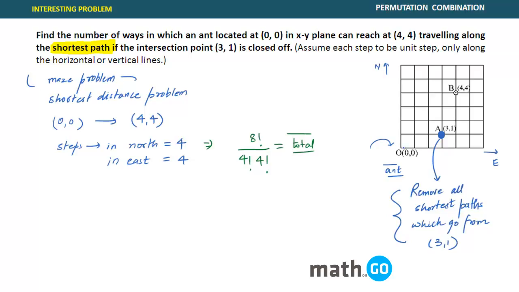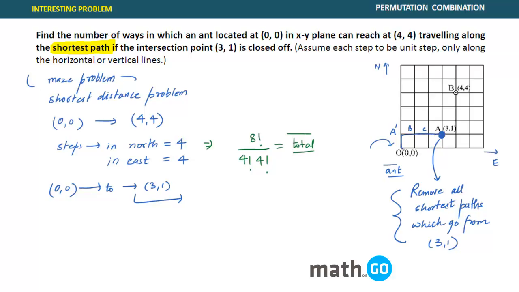Let's start calculating in a reverse way. If you want to go from (0, 0) to (3, 1), in how many ways can you go? Let's say I'll name this O, this B, this A. One way is this particular way, 1.